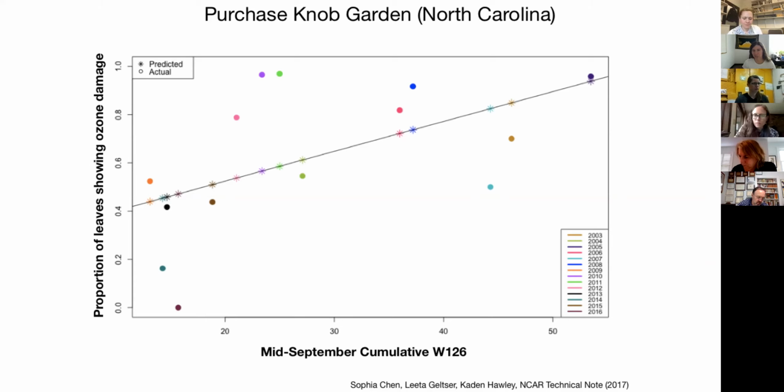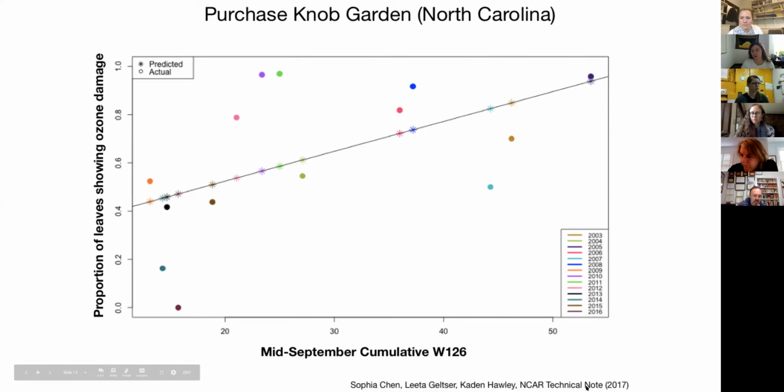That's usually the time that they have their stomata most open, and that's also the time that the ozone concentrations tend to be the highest. And so when the ozone enters the leaf through these pores, that's when the damage can actually occur to the plant. That's why this function is weighted more heavily towards the peak time of day, when the ozone concentrations are highest and when the plants tend to be the most active.